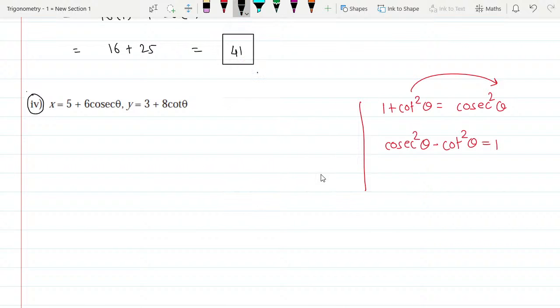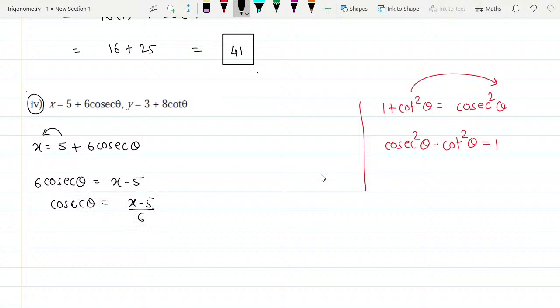So if x is equal to 5 plus 6 cosec theta, what will 6 cosec theta be? You take 5 this side, so it becomes x minus 5. If I divide both sides by 6, I will get x minus 5 by 6. So this is my cosec theta.